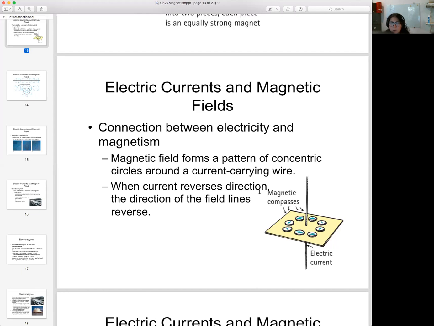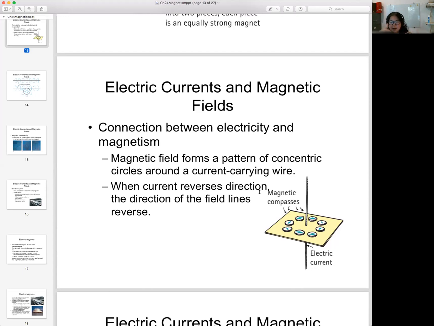So the magnetic field lines around a straight current carrying wire are concentric circles. And as you can see, closer to the current carrying wire, you're going to have a stronger magnetic field. And then as you go farther away, the intensity of the magnetic field decreases. But these circles make a circular pattern around the current carrying wire.